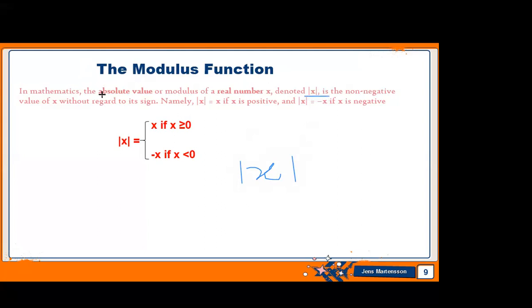Okay, in mathematics, absolute value or modulus of the real number x is denoted by mod x. It's a non-negative value of x without regard to its sign. Namely, mod x is equal to x if it is positive, mod x is equal to minus x if it is negative.